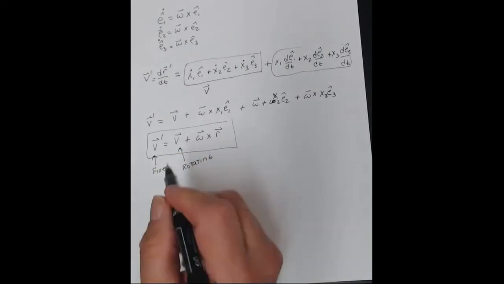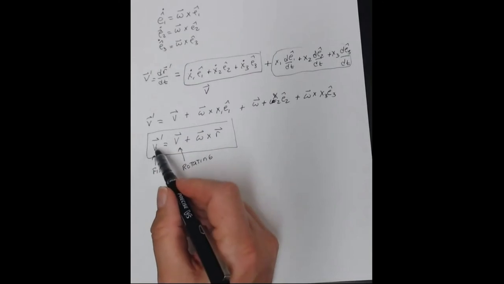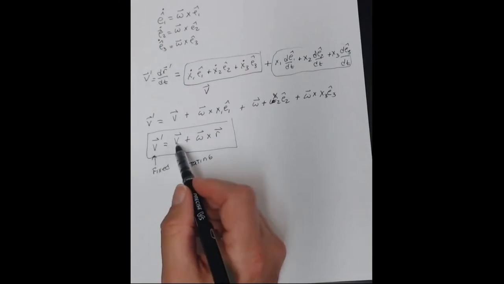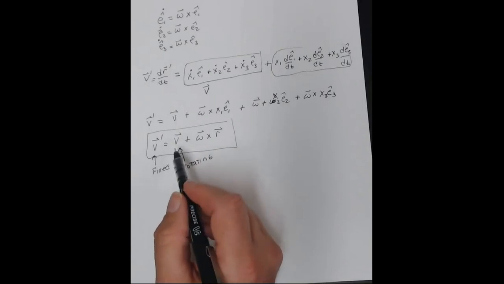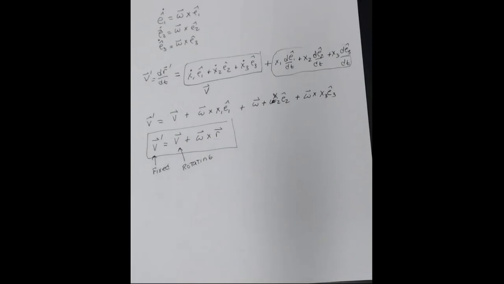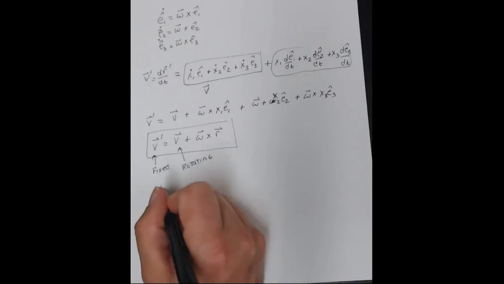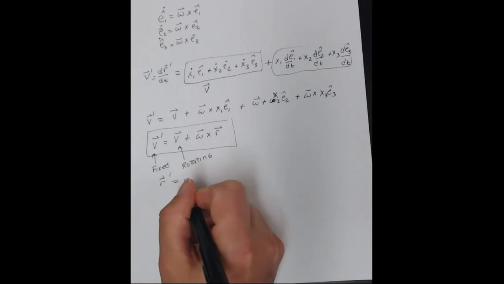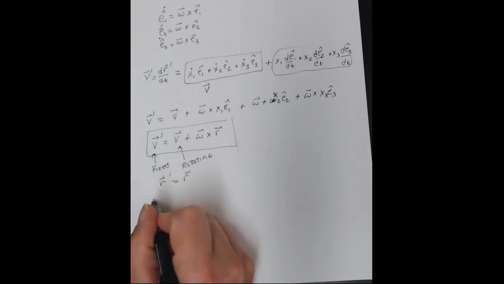Now at this point I should say that this is the derivative of the r prime vector with respect to time. This is the derivative of r with respect to time. And of course here's r. But since we had r prime, again, remember r prime was equal to r, this is the same as saying dr dt.